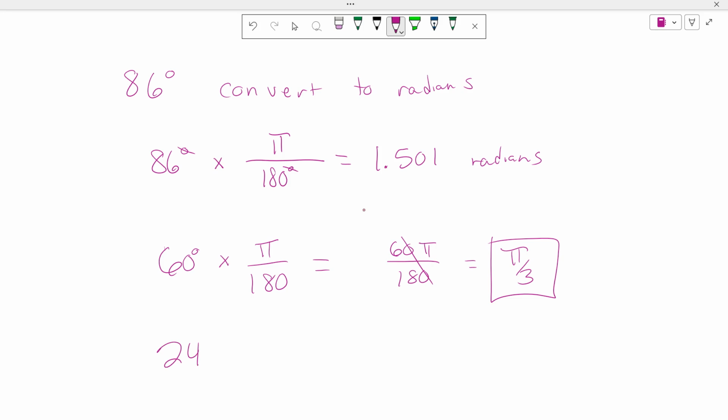If you have 240 degrees, it's 240 pi over 180, which is 24 over 18. If you divide them both by 6, it's 4 pi over 3.